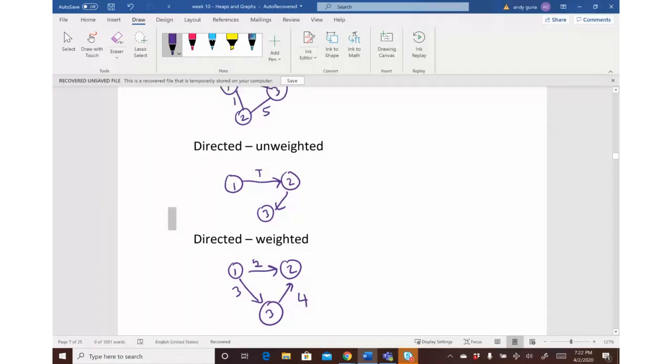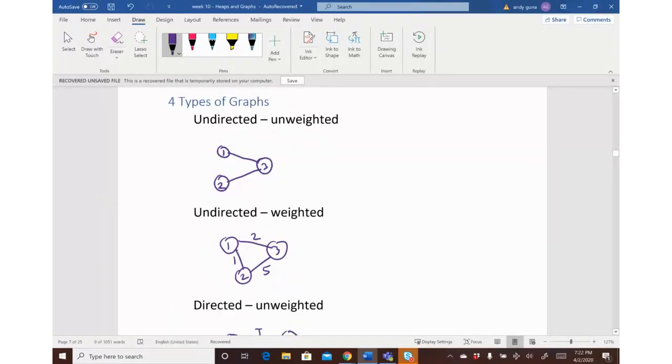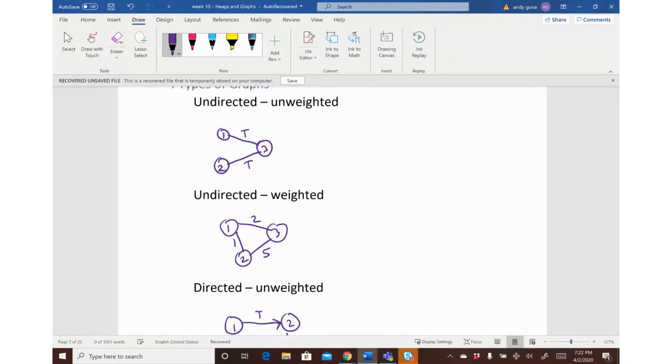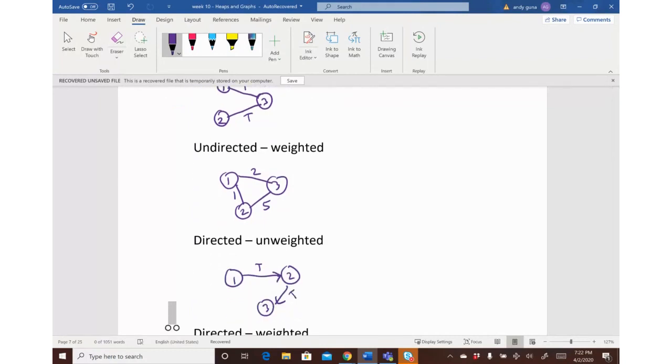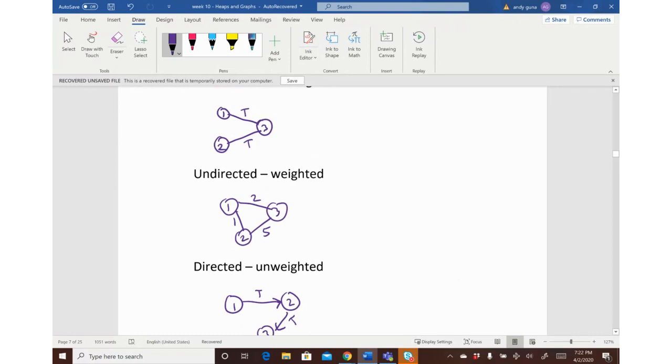Typically when you represent these things, you can represent them by matrices with true for unweighted edges, but false for edges that don't exist. Otherwise, you can just put the number in there.